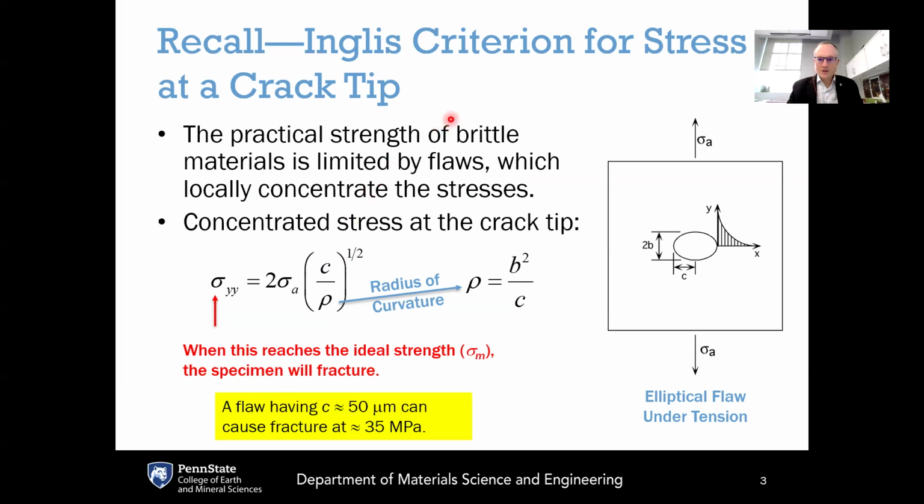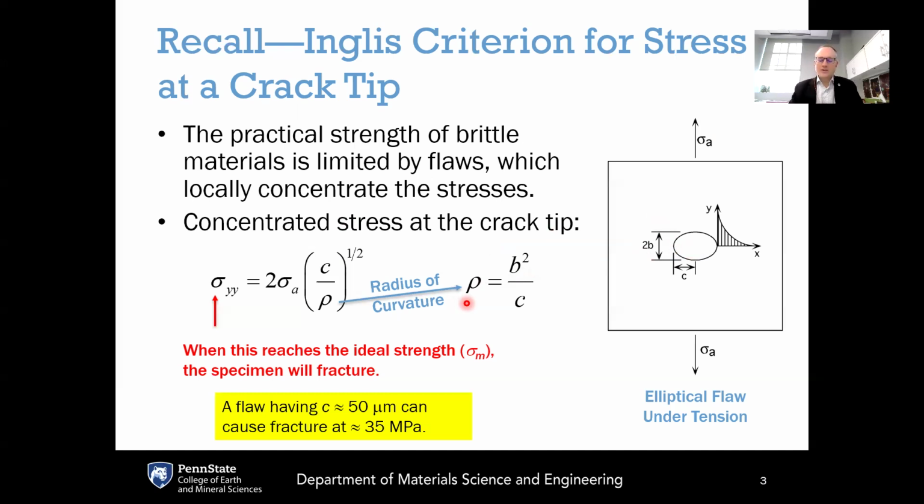Inglis developed the initial criterion to account for the concentration of stresses that occurs at crack tips. Inglis considered an elliptically shaped flaw in the interior of the specimen and showed that the concentrated stresses at the crack tip could be given by 2 times the applied, in this case tensile, stress, times a geometric factor that depends on the length of the crack as well as the radius of curvature, where longer cracks and sharper cracks both act to increase the concentration of stresses at the tips.